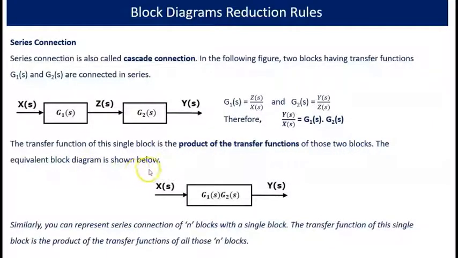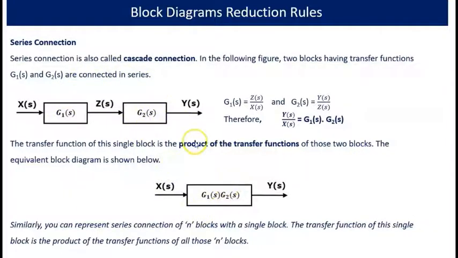The equivalent block diagram is shown below. That is G1 of S into G2 of S, product of the transfer functions. So we can simplify two blocks by a single block. Take the product if these two blocks are connected in series.